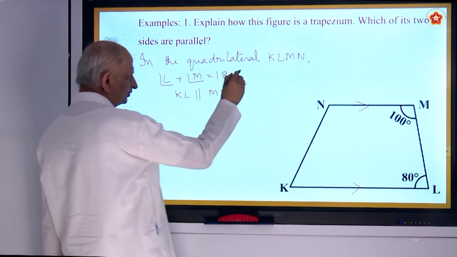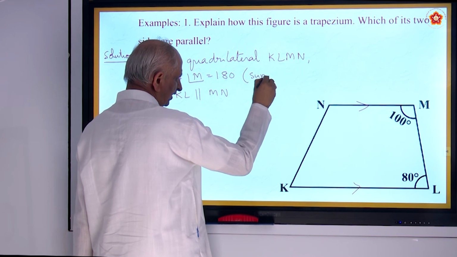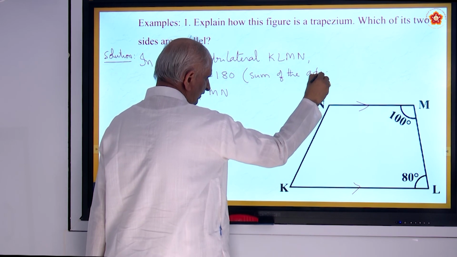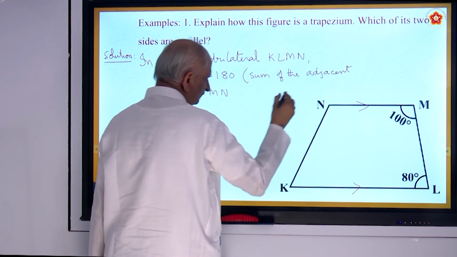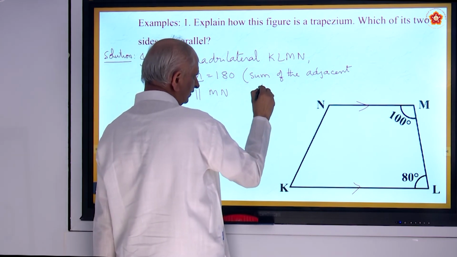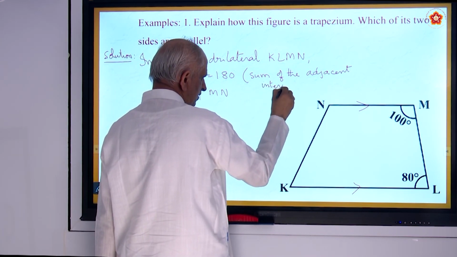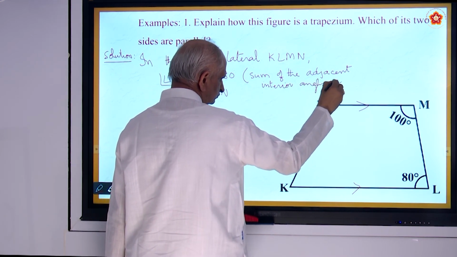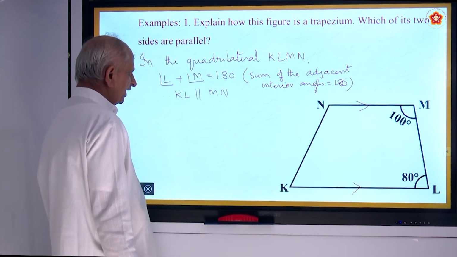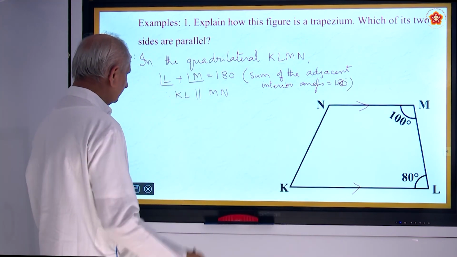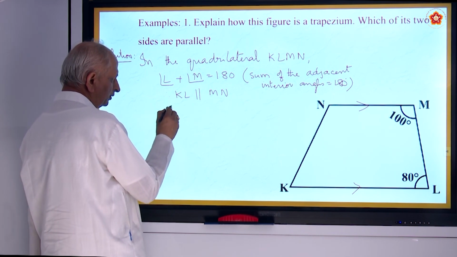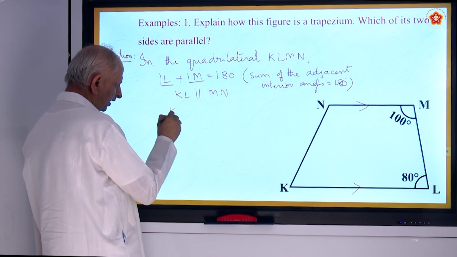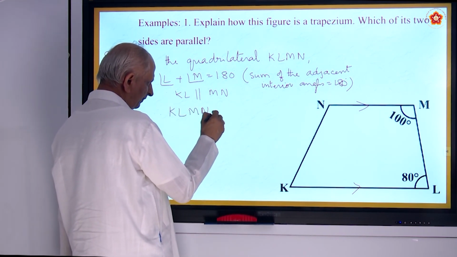Because the sum of the adjacent interior angles is 180 degrees, KL is parallel to MN. Therefore KLMN is a trapezium.